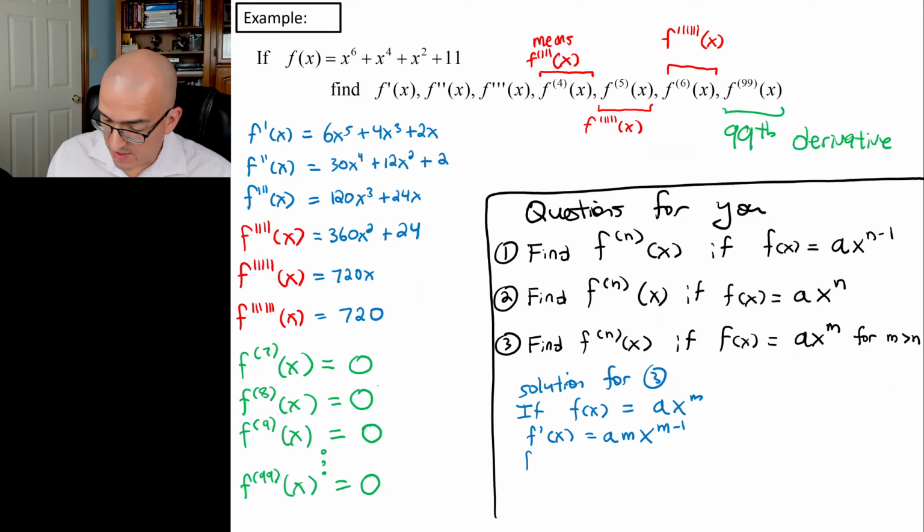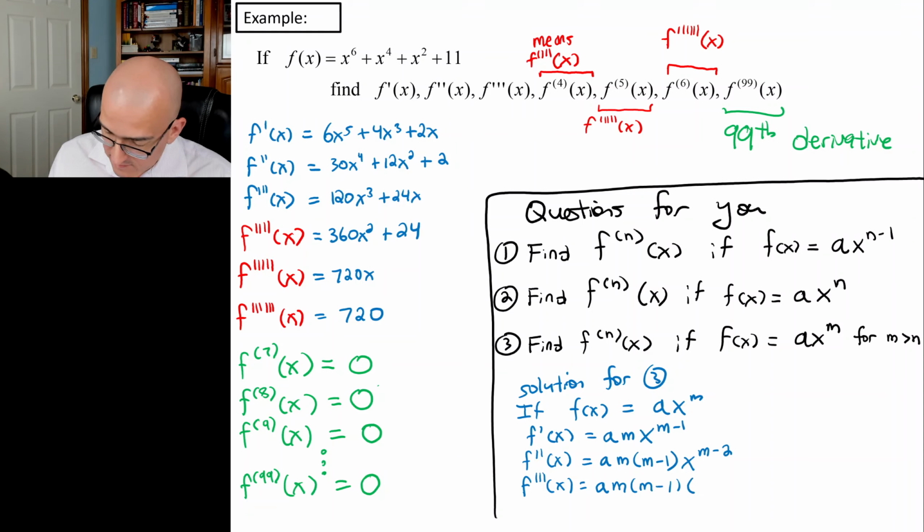Take the second derivative, we'll have a m times m minus 1 times x to the power of m minus 2. The third derivative, we'll have a m times m minus 1 times m minus 2 times x to the power of m minus 3. So then the power keeps coming down. It keeps getting reduced by 1, and it keeps going.